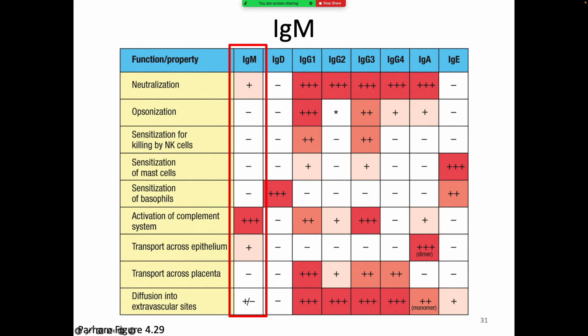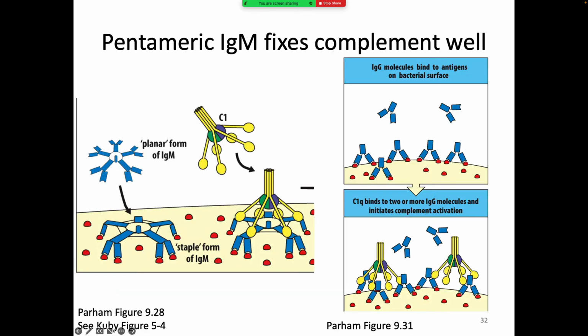The reason why IgM is so good at fixing complement is because it is found as a pentamer. So it can bind to multiple copies of its epitope on the surface of some microbe, and it makes this nice shape with the Fc portions that is perfect for C1q, or for C1.